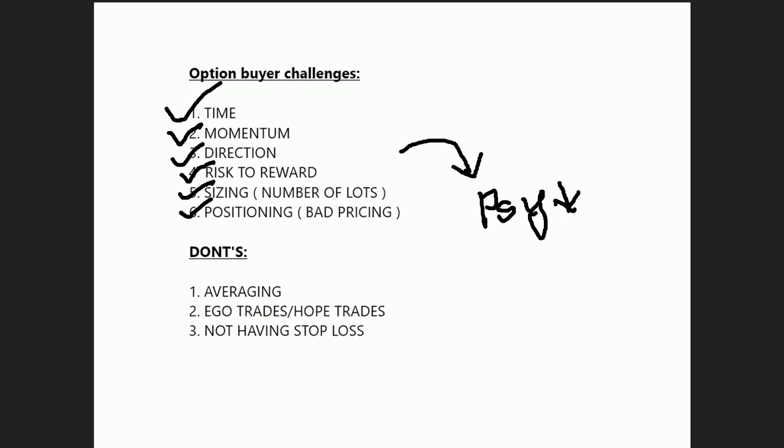But whenever something goes wrong on any or many of these aspects, usually the emotional aspect of a trade kicks in, because of which an individual tends to do averaging, ego trades or hope trades, and does not adhere to proper stop losses. These are the reasons for which the emotional aspect of a trader kicks in.